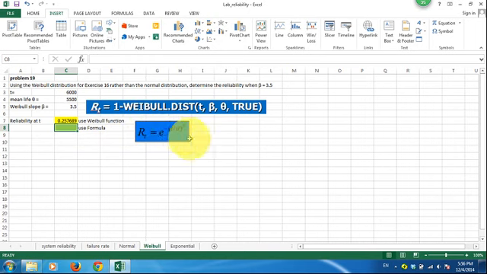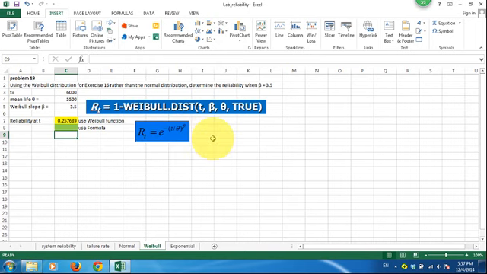The formula is not that complicated, so we can also use the exponential function to compute the R(t) value. To use the exponential function, we should first compute what is in the exponent. This is t divided by theta, to the power of beta. This beta is the power on t over theta.